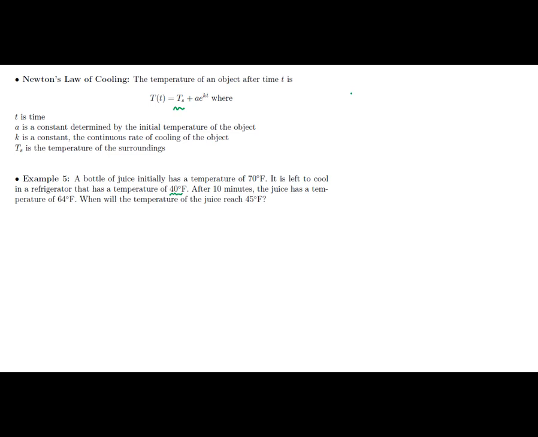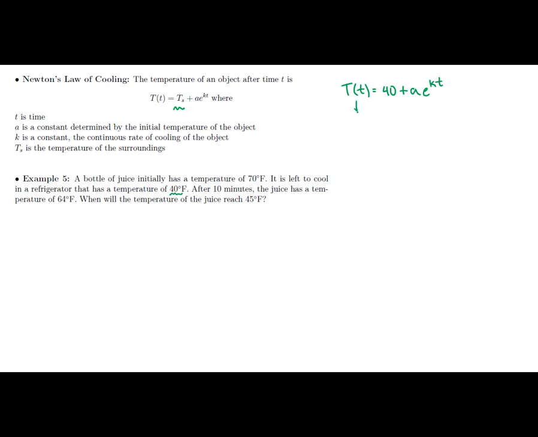So I can immediately put T of t is equal to 40 instead of Ts. But I don't know A yet, and I don't know k yet. So I'm going to need to know both of those things before I can answer this final question here. Now, they did say that the juice initially has a temperature of 70 degrees, so that, in other words, when no time goes by, when t is 0, the temperature is 70.